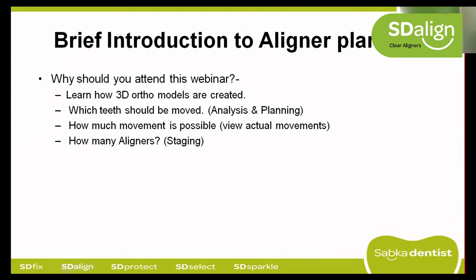movement is done. So now looking at the journey up till now, what is most crucial in aligner planning is the staging of the tooth movement, the sequencing of the tooth movement, and also we always keep a focus on keeping it patient centric. So whenever we ask for the SD Align form, all of us fill the form, we submit the case, you give the photographs, and in the form we especially check the chief complaint.